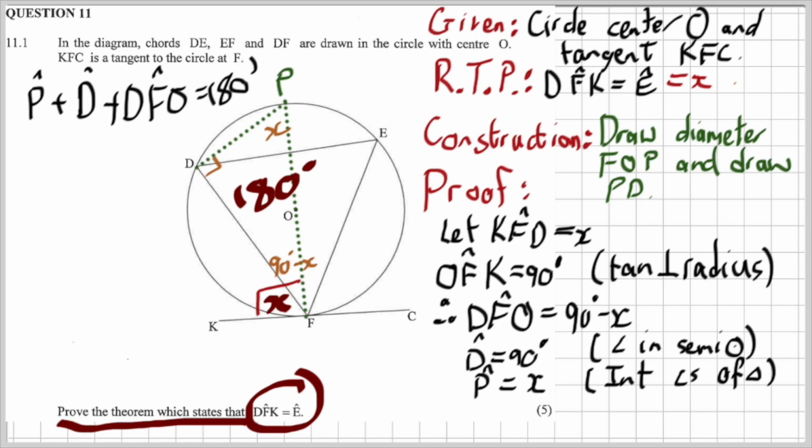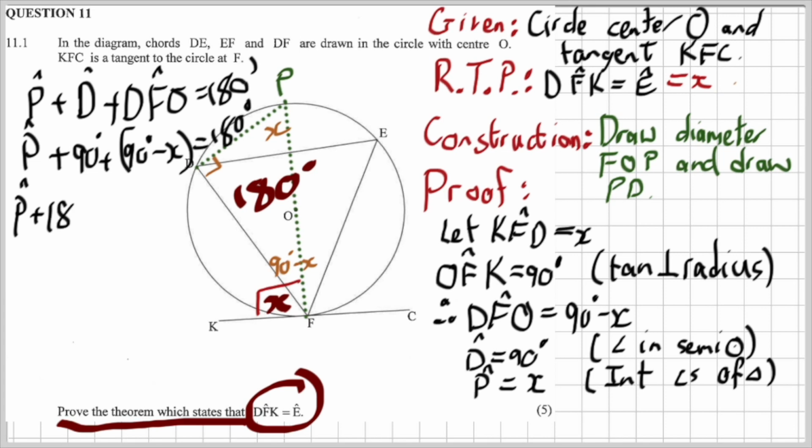So angle P, I'm trying to find it. So angle P plus angle D is 90, and angle DFO is 90 degrees minus x, and this must add up to 180. So on the left-hand side, I'm sitting with angle P plus 180 minus x, and this must equal 180.